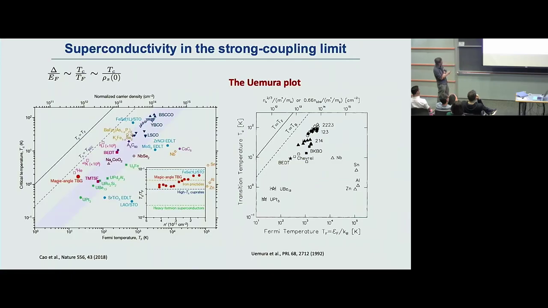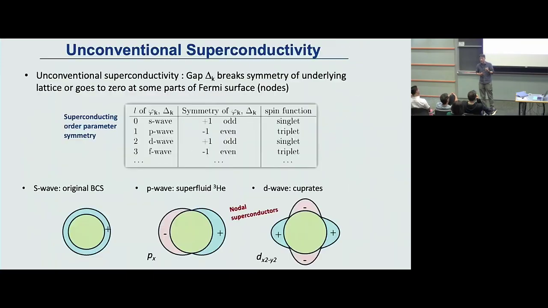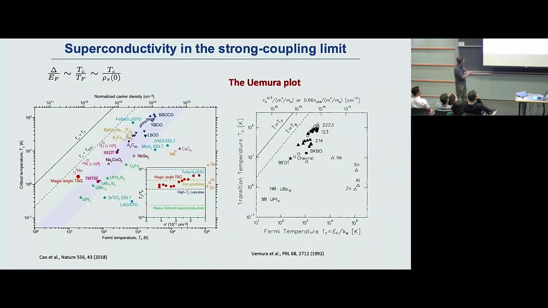But you may ask, how do we measure TC, but how do we measure TF here? What is the meaning of this? In fact, the way the Uemura plot is plotted here is not just estimating and measuring the Fermi energies. It is coming from superfluid stiffness measurement, which is measured from the penetration length measurement, and because superfluid stiffness is related to N over M, which is basically the basic ingredient of the Fermi energies, it was plotted in this way, right?